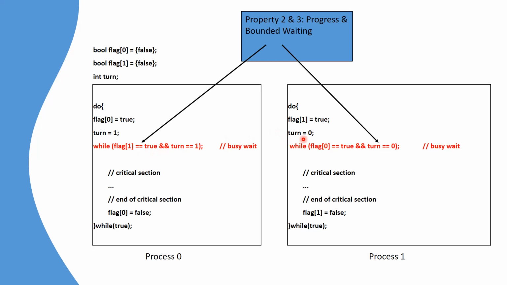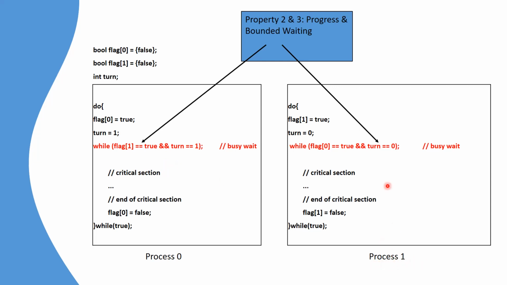However, process 1 has changed the value of turn to 0, so this condition will become false and process 0 can enter. So in both cases, process 0 cannot be stopped from entering the critical section if process 1 is not executing in the critical section.